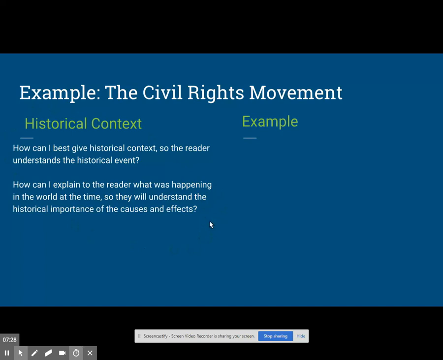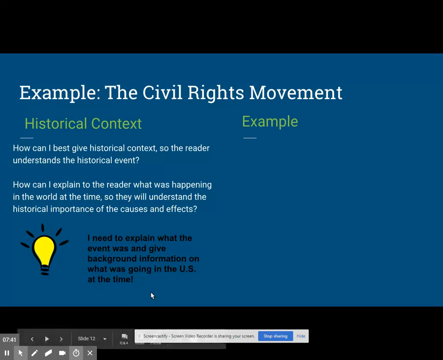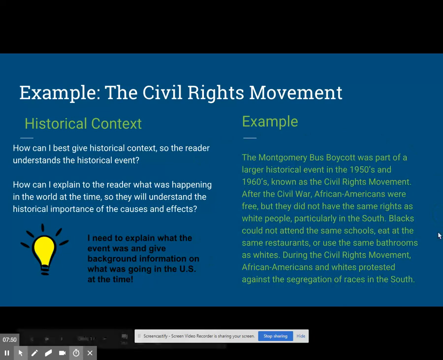What I need to do here in this part of the transition, I know, I need to explain what the event was and give background information on what was going on in the US at the time. So what was going on during this time of the Montgomery bus boycott and the other events of the civil rights movement? This is how I would do that.